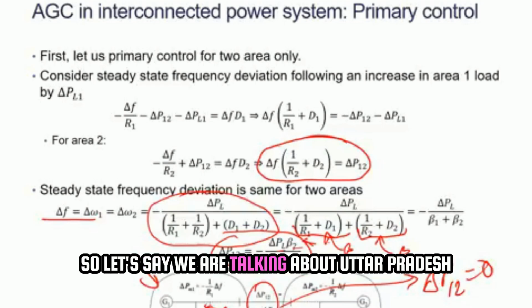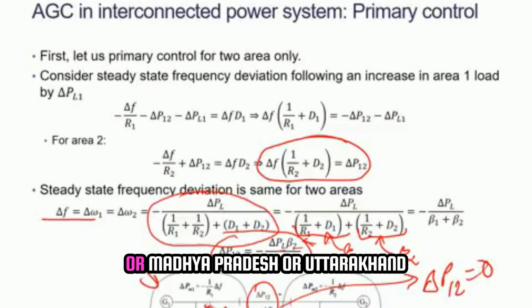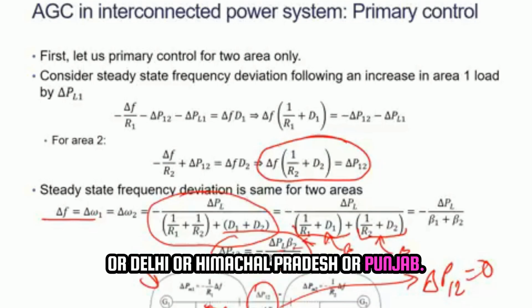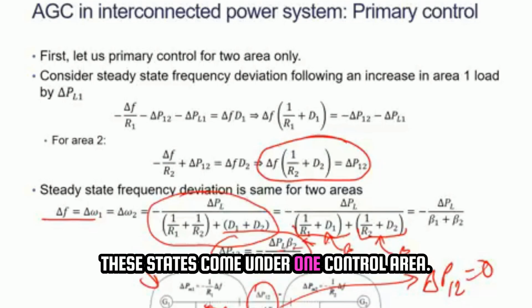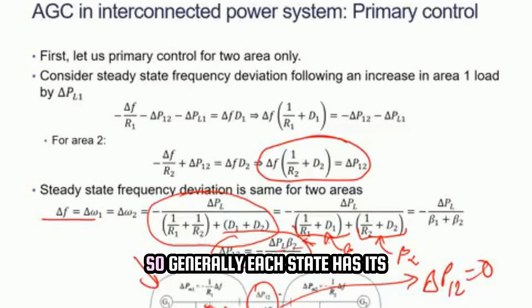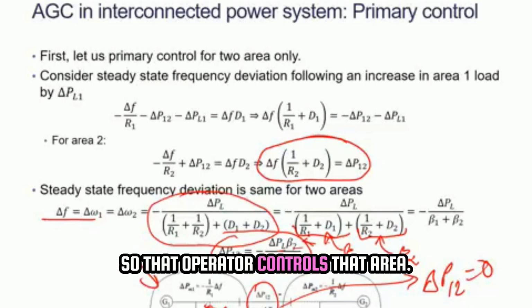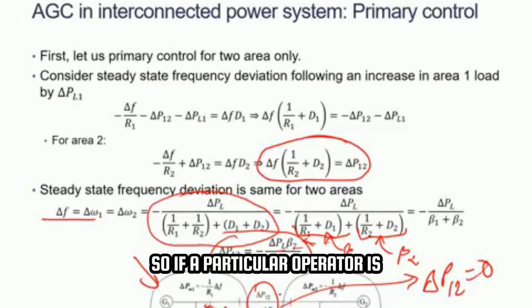So let's say we are talking about Uttar Pradesh or Madhya Pradesh or Uttarakhand or Delhi or Himachal Pradesh or Punjab. All these states have many generators and many loads. These states come under one control area. Generally each state has its own system operator, so that operator controls that area. If a particular operator is controlling an area, that means it's a control area.